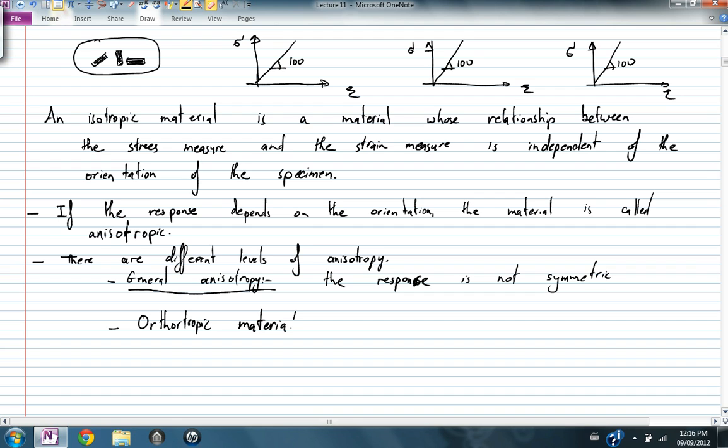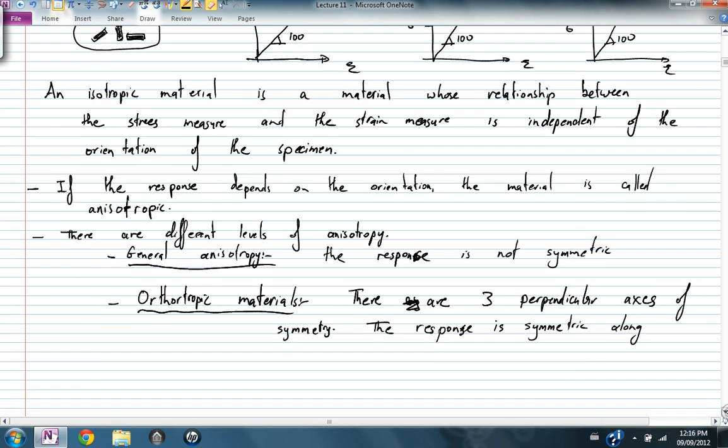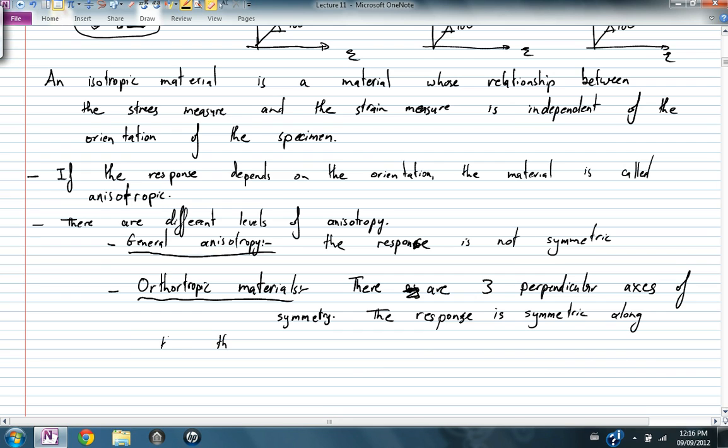Orthotropic materials are a special kind of anisotropic materials in which there are three perpendicular axes of symmetry, and the response is symmetric along those three axes of symmetry.